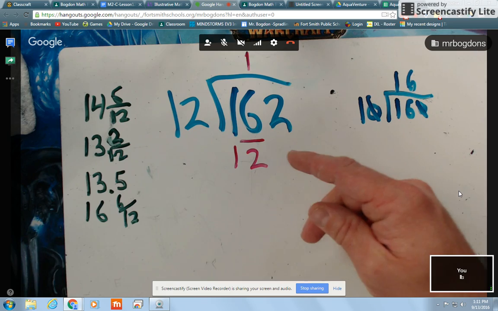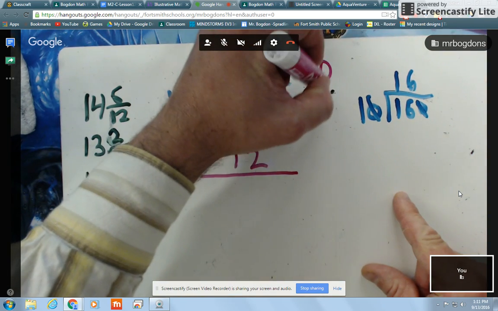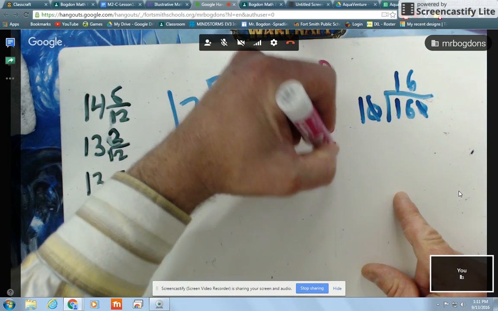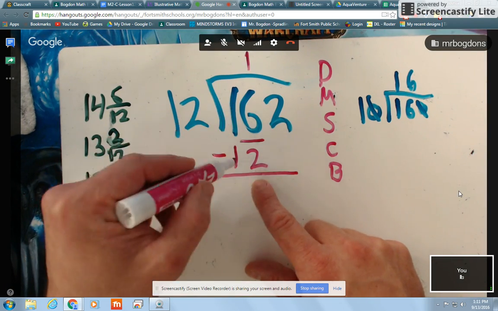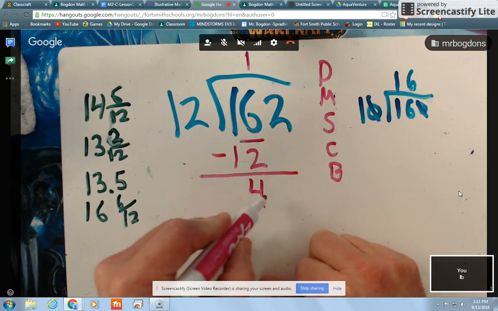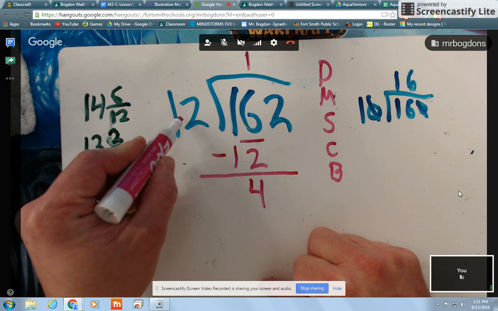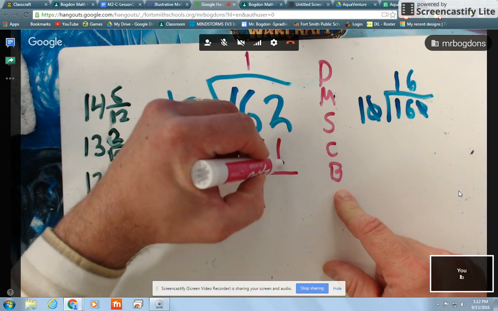That's subtract, right? And then what is 16 minus 12? 4. Is my answer less than my divisor? All right, good to go. What's the next step? Bring it on down. Drop the bomb.